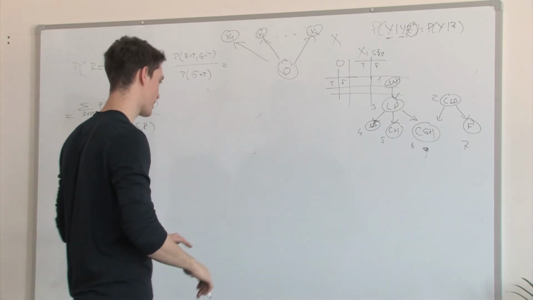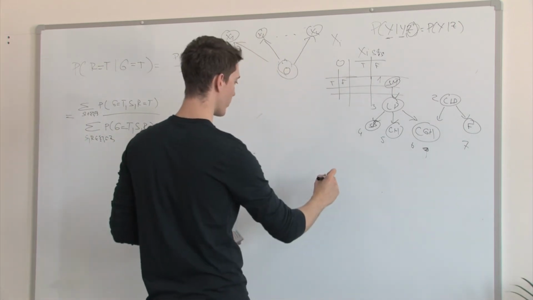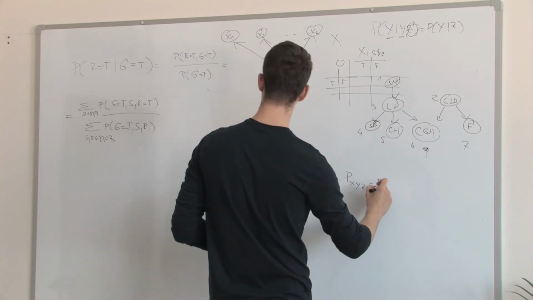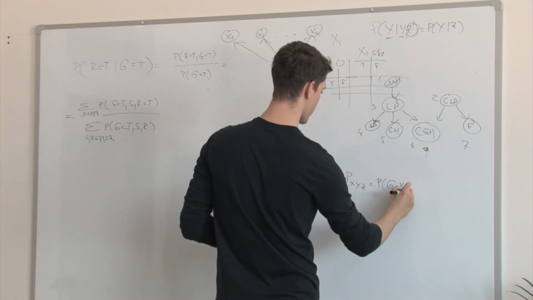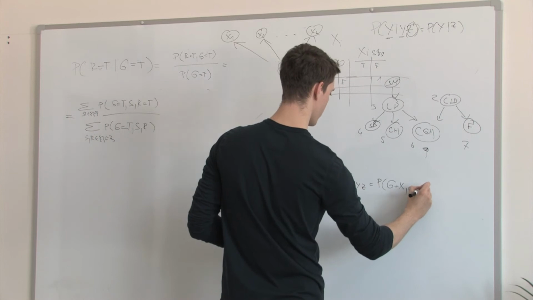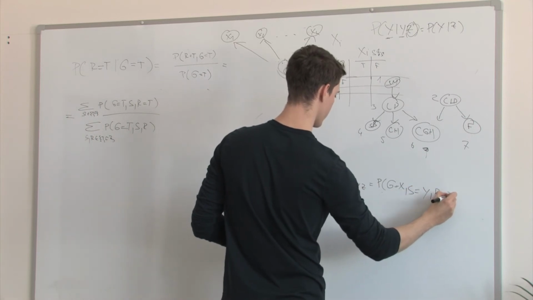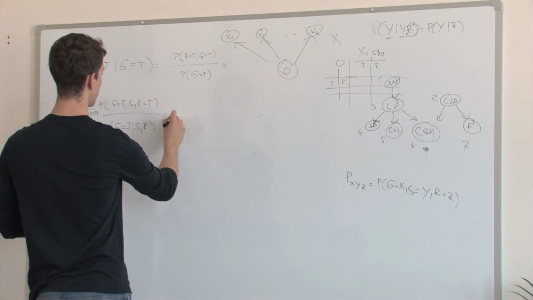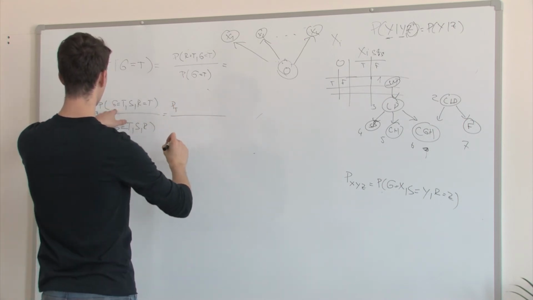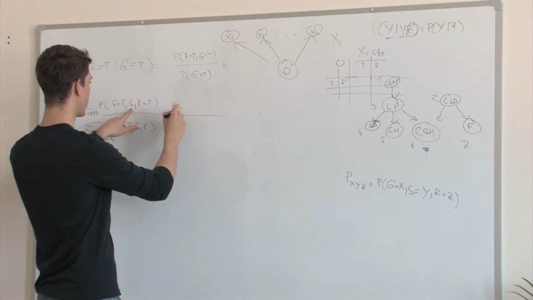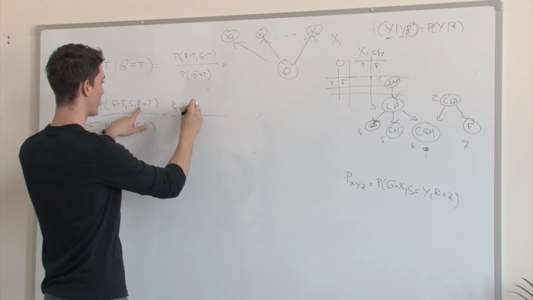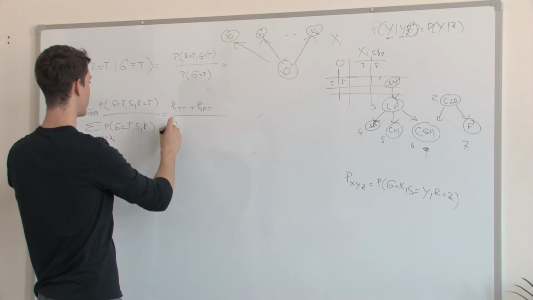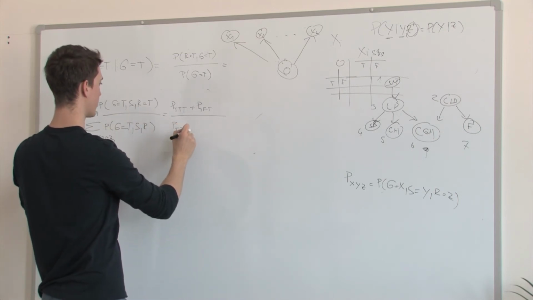And in order to express this efficiently, I will write that this acronym stands for probability of G equals X, S equals Y, and R equals Z. So using this simplification, we can write this as the probability of grass being wet, sprinkler being on, and it has rained, plus the probability of grass being wet, sprinkler being off, when it has rained, divided by the probability of grass being wet and all the other possibilities.